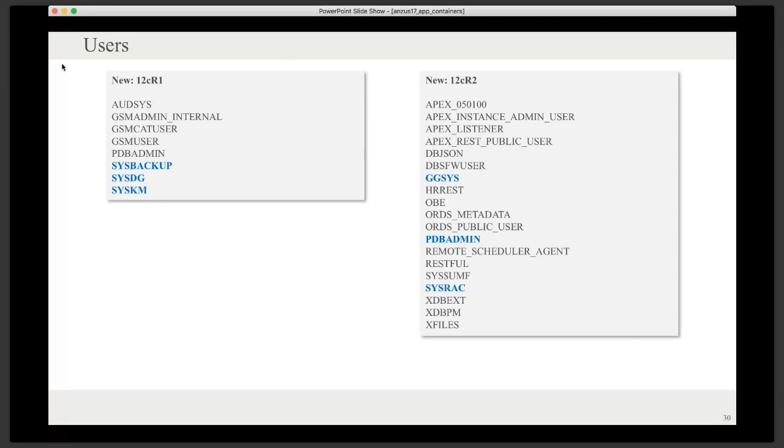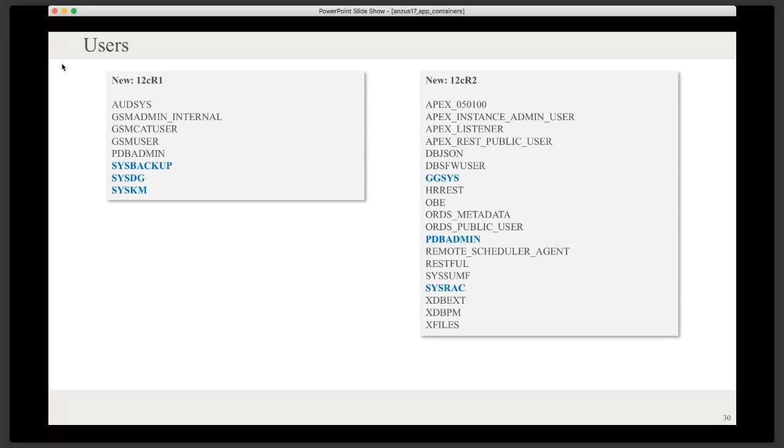So what we saw in 12.1 was the introduction of a user by the name of sysbackup, another one sysdg for Data Guard, and syskm for key management, which is essentially managing the keys for transparent data encryption.